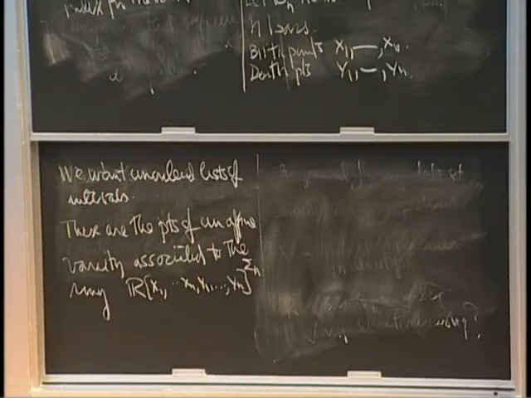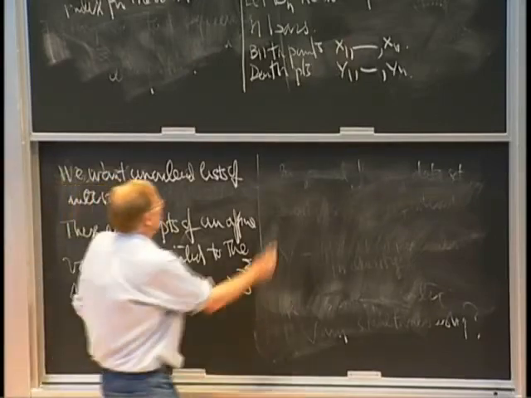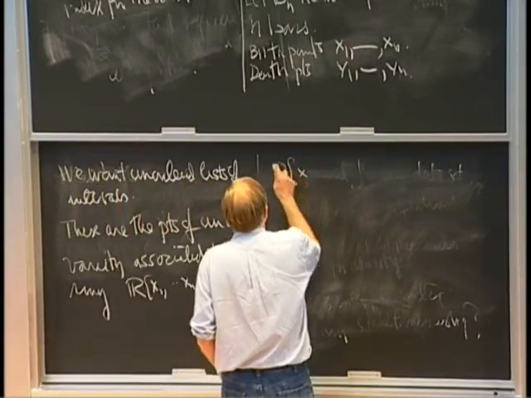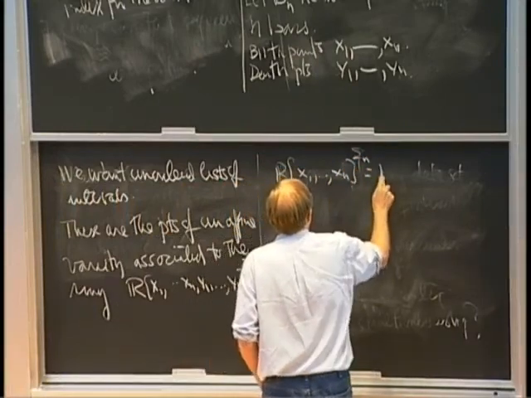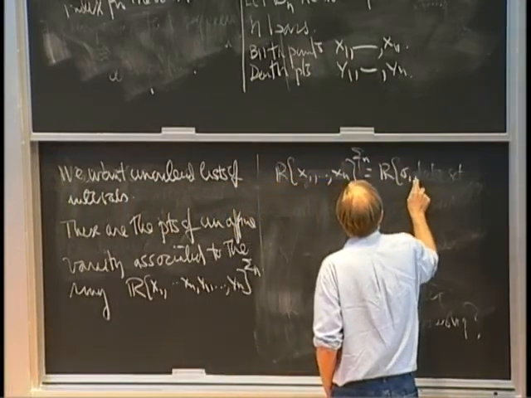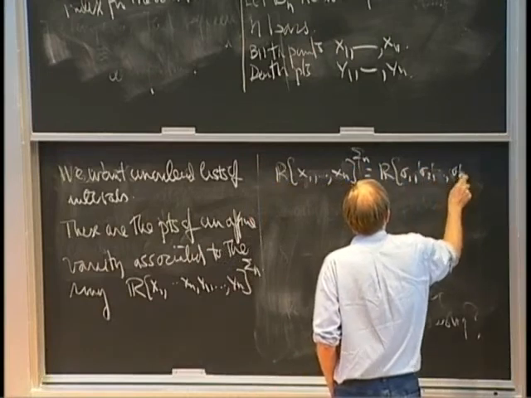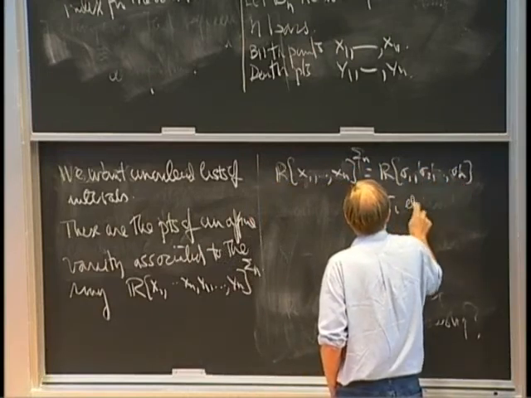Now, if we were acting only on the x's, we would know what this looks like. This would look like the polynomial ring on the elementary symmetric functions, sigma 1 through sigma n. So let me just write R, where the sigma_i are the elementary symmetric functions.